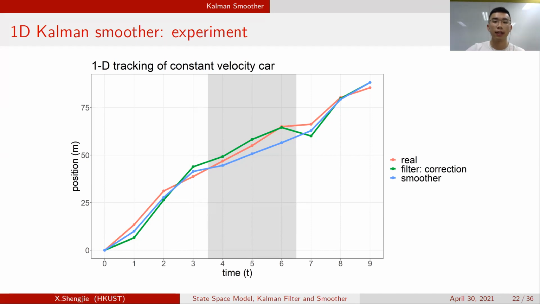As you can see from this case, the Kalman smoother provides a much smoother performance than the filter. For example, here the filter suffers from a downward trend, which is not what we like. But in the smoother, we have already solved this problem. It becomes smooth and provides a better approximation.